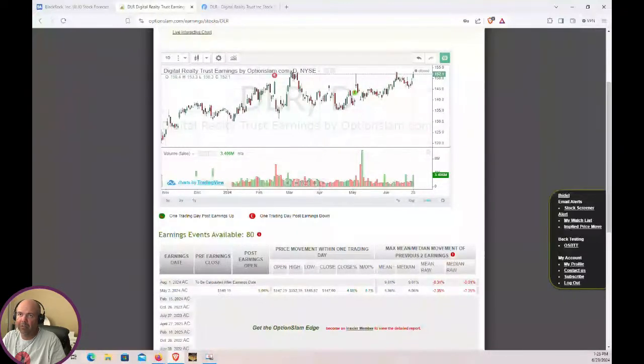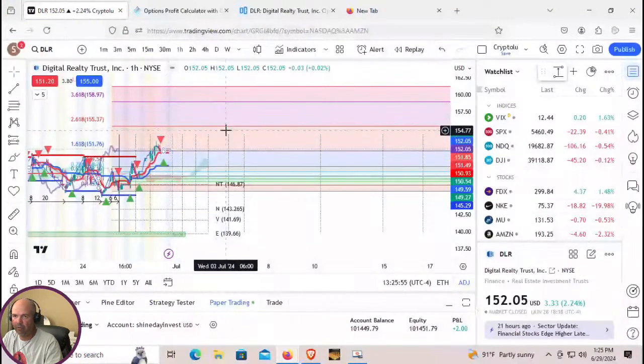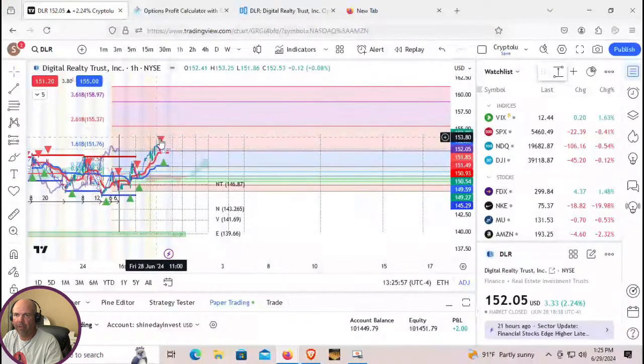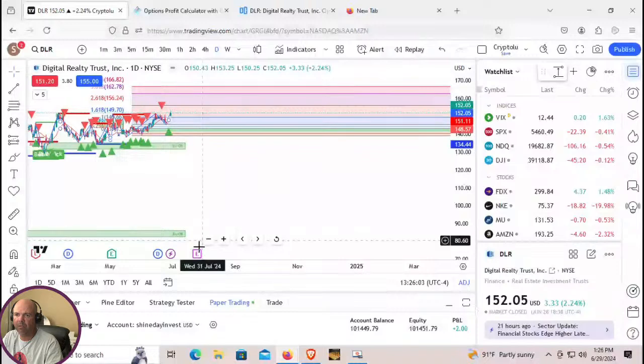Now let's take a look at TradingView, the last one. Okay. On TradingView, we have the arrow to go sell. It's going to date to see what's the call.